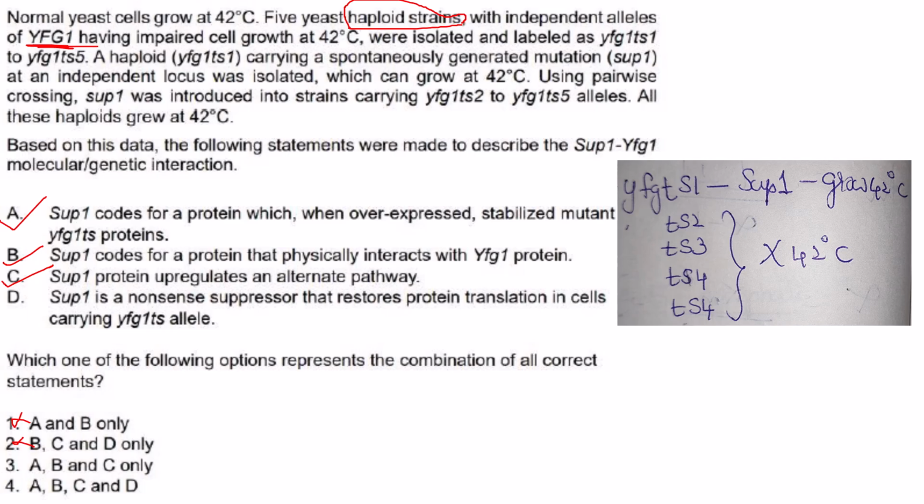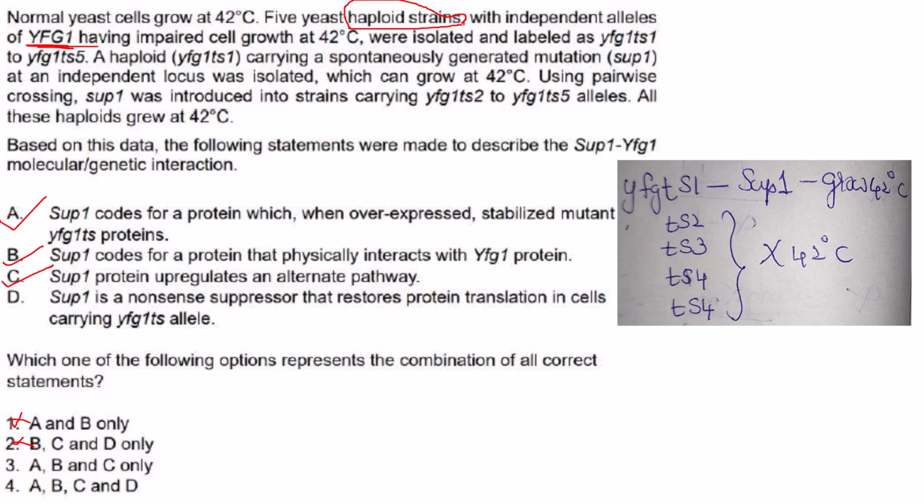So YFG1, if it is nonsense mutation, will result in the production of non-functional proteins. And non-functional proteins or null alleles will be non-functional at all temperatures.